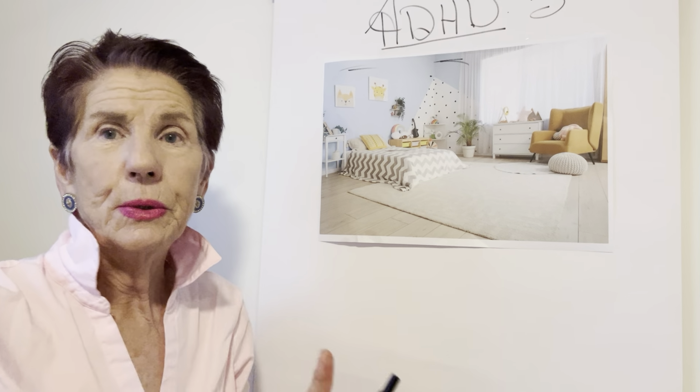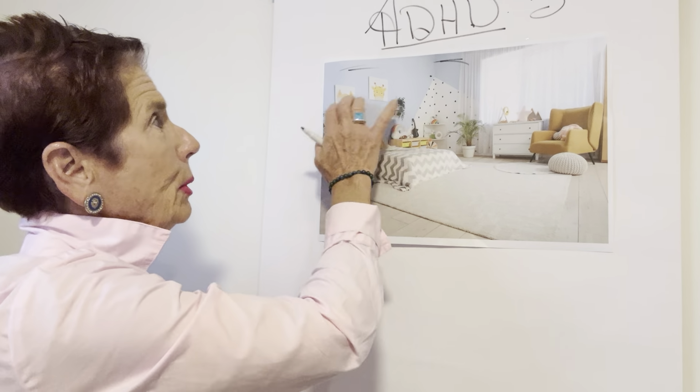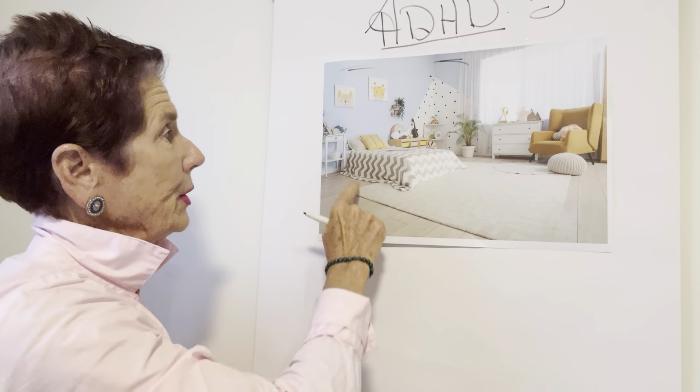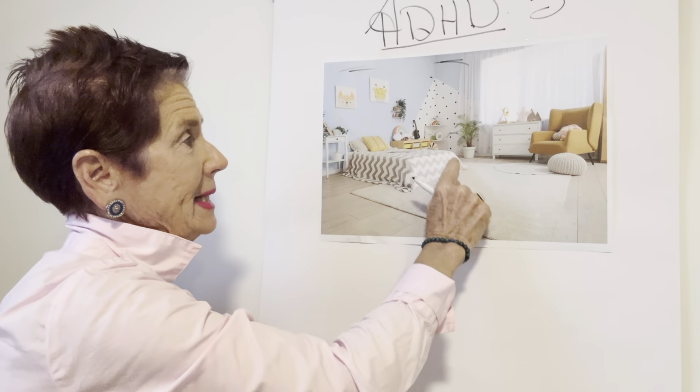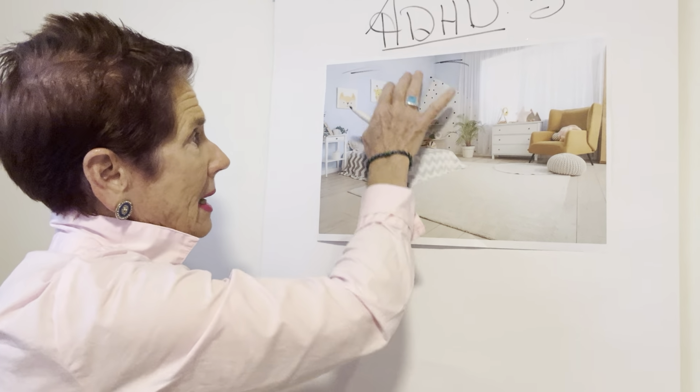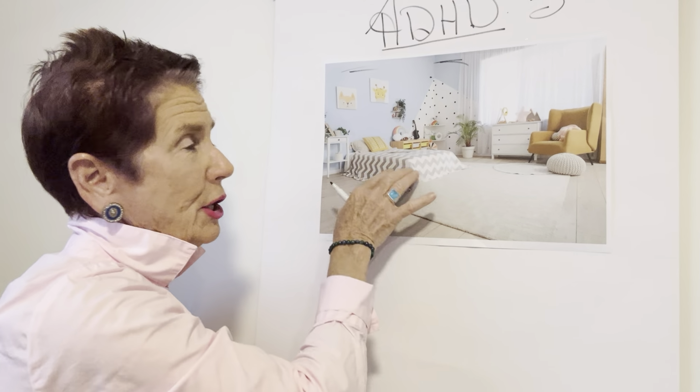Now, if you've got a person who gets emotional, who gets tied up in emotions, blue walls do not work for them because they stay in that water of emotions. With this design, they've got the blue on the walls, but the quilt is also a zigzag. That element is actually the water element. So this poor child is up here in emotions, but even on the bed, it's emotions.